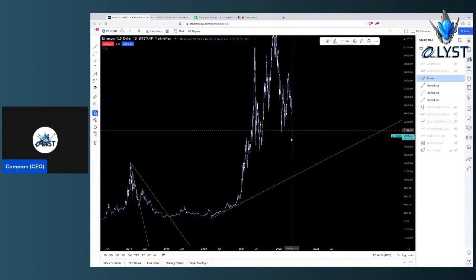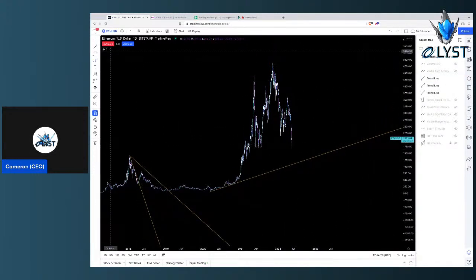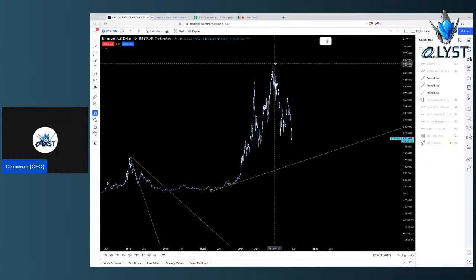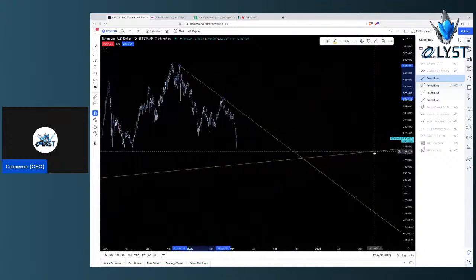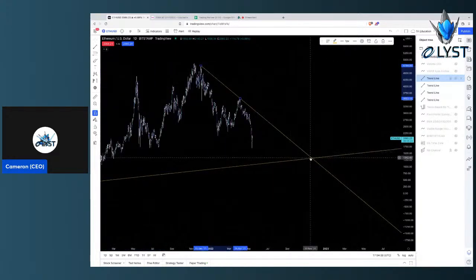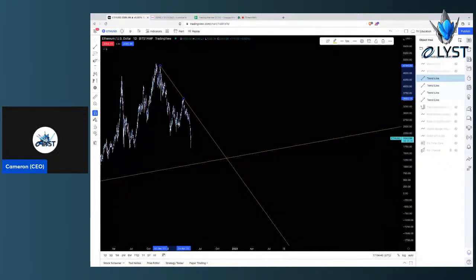If we were to, let's just map out a couple things. Let's just do it since we're here. So they intersect at like 1300. We might transition for a while.